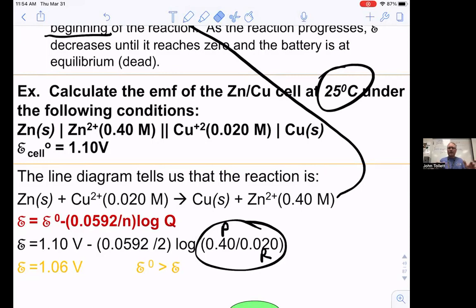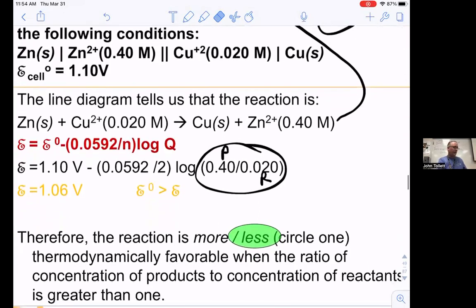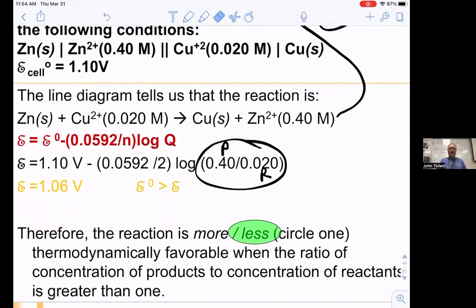So there's a lot of different ways that you could look at this. This would still be spontaneous as it's written, as these concentrations are present, because there is some of the ions present. It's still spontaneous, but it's not as spontaneous as it would be had they just been equal concentrations, or even 1 molar and 1 molar. So down here at the bottom, I hate that the answer just came up, but that's what we got.